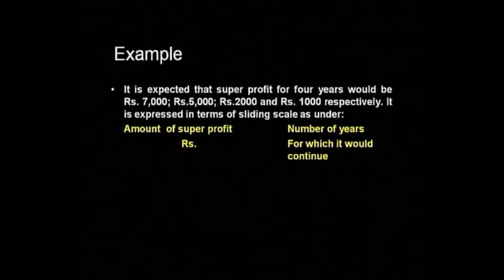Let us take up a practical example with figures so that we can understand what precisely we mean by a sliding scale method. It is expected that super profit for 4 years would be rupees 7,000, 5,000, 2,000 and 1,000 respectively. It is expressed in terms of sliding scale as under.